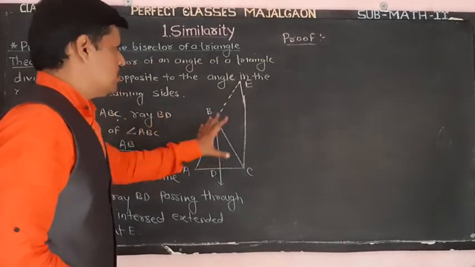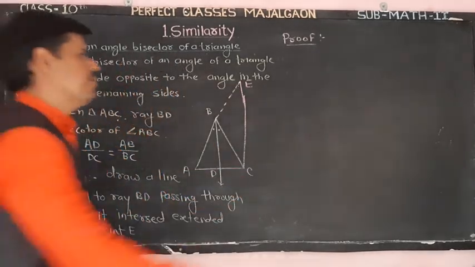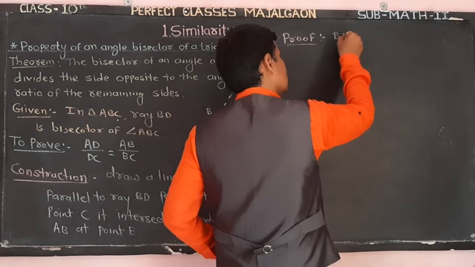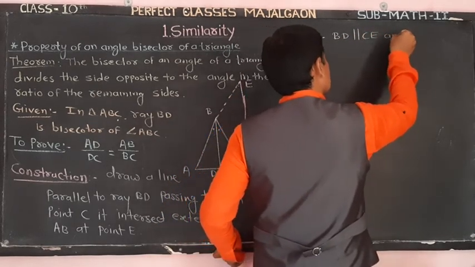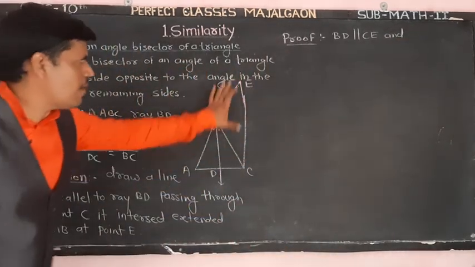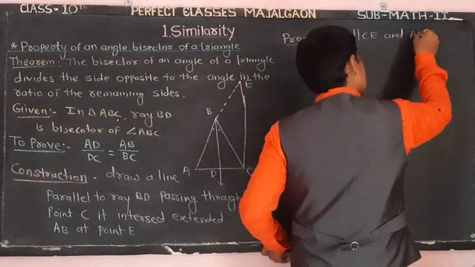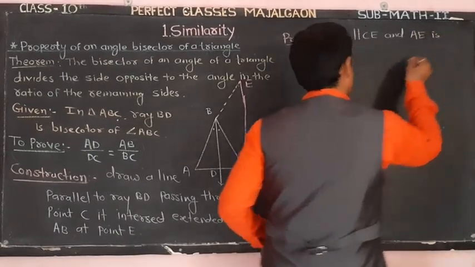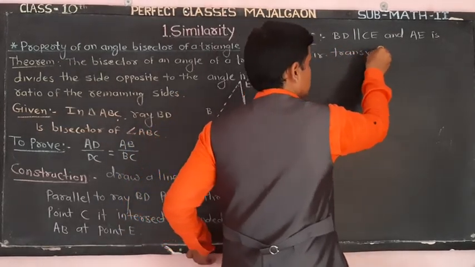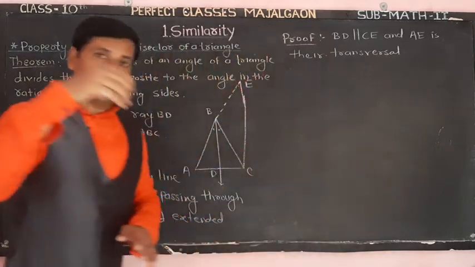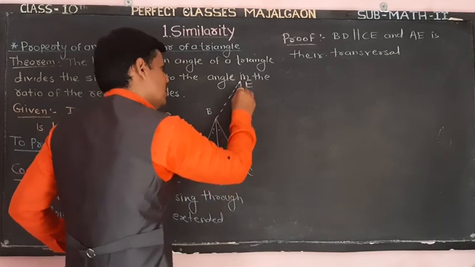Here BD is parallel to CE, and AE is a transversal. When a transversal intersects two parallel lines, the corresponding angles are congruent.